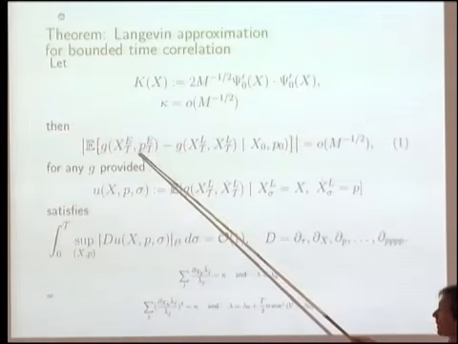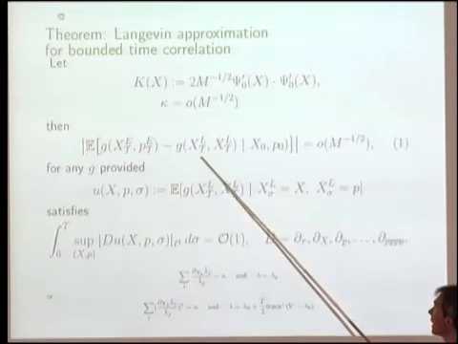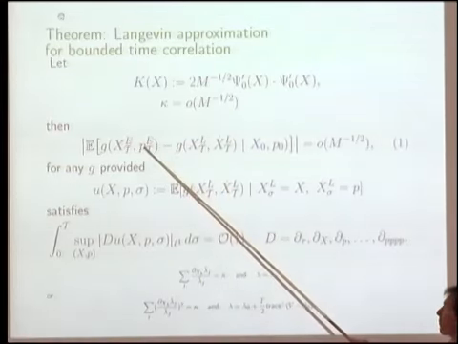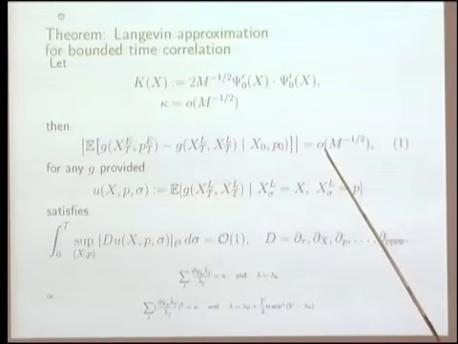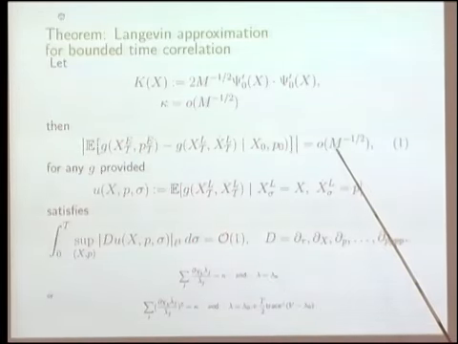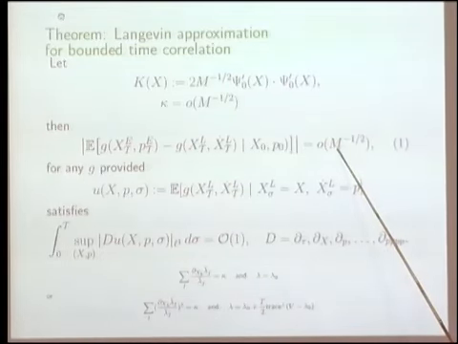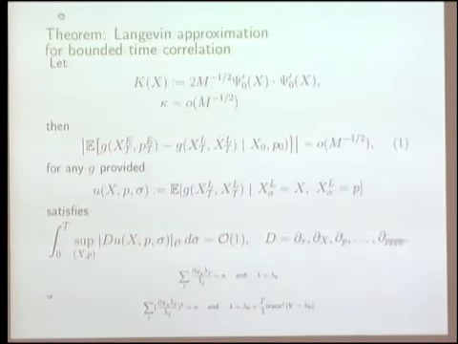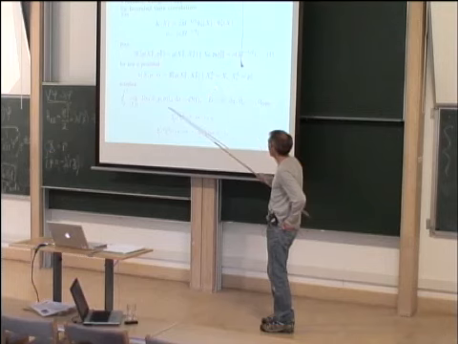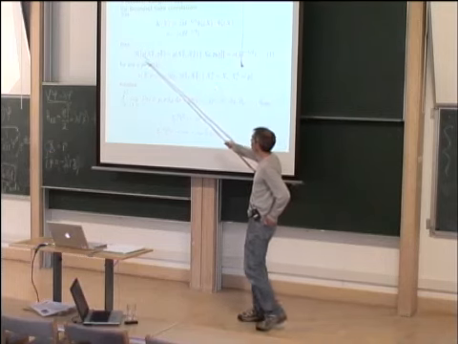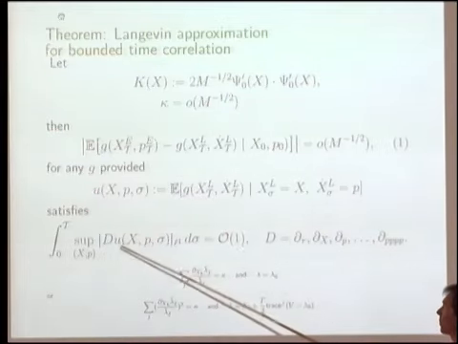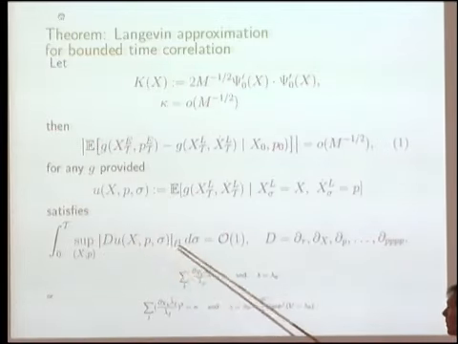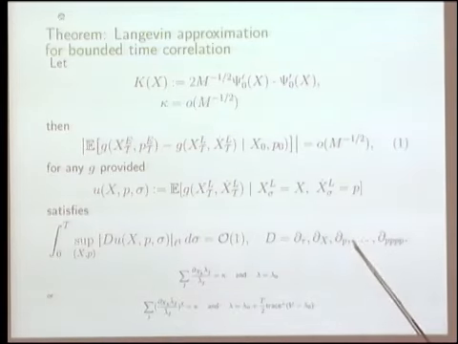Then, in fact, the Langevin dynamics here approximate the Ehrenfest dynamics with an error which is smaller than square root of m. So it sees the friction, for instance. Okay, and then I have to assume that I have used an observable that is smooth enough so that the Langevin dynamics is very smooth.